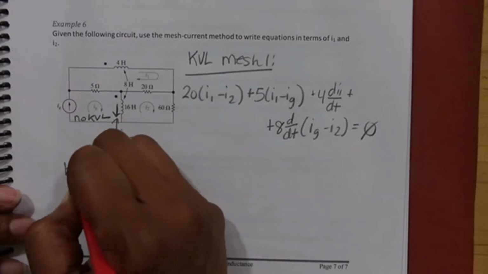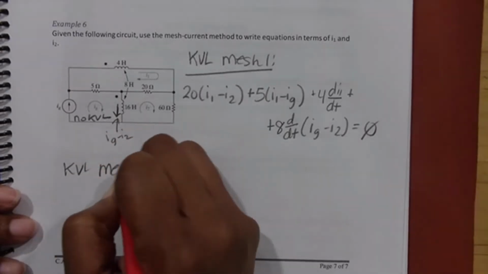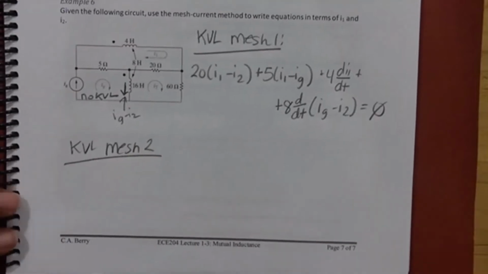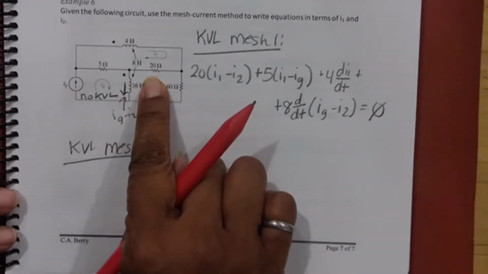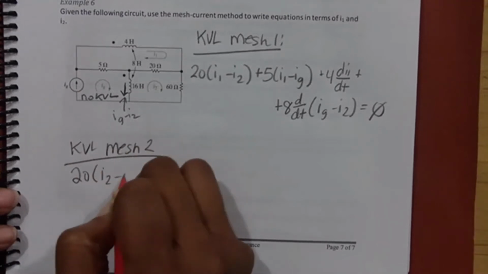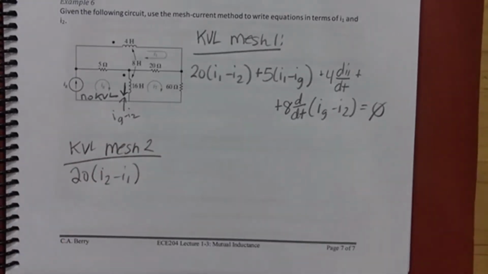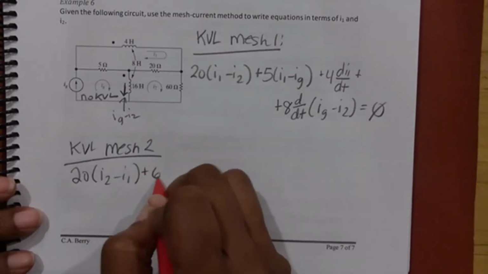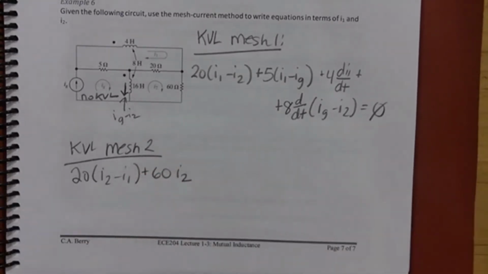All right, so KVL for mesh 2. We're going to start with the 20. Now that I'm on mesh 2, it's going to be 20 times I2 minus I1. The resistor is going to be 60 I2.